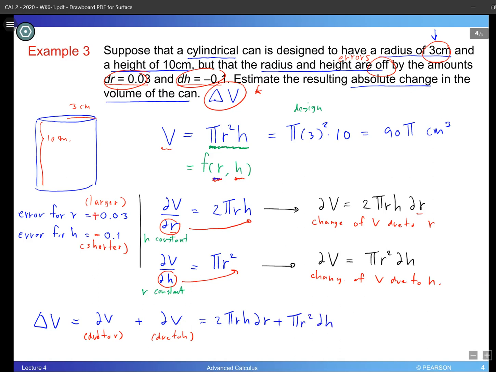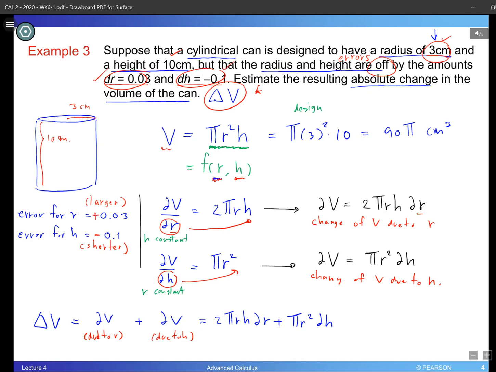Now we are going to use all the values that we have in the example and put them into this expression. We know r is going to be equal to 3, height equal to 10, dr equal to 0.03, dh equal to minus 0.1.